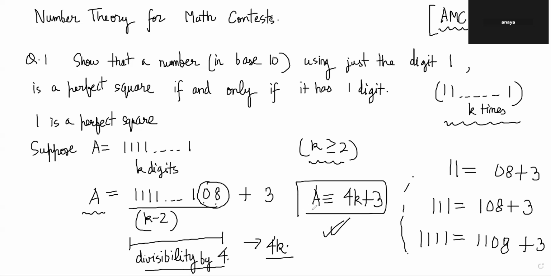Now, if your big number is of the form 4k plus 3, then we have to check whether it's a square or not. If you remember, in the last class there was a question where we had to find the last digit of a square, for example, prove that a number which ends in 17 is not a perfect square.